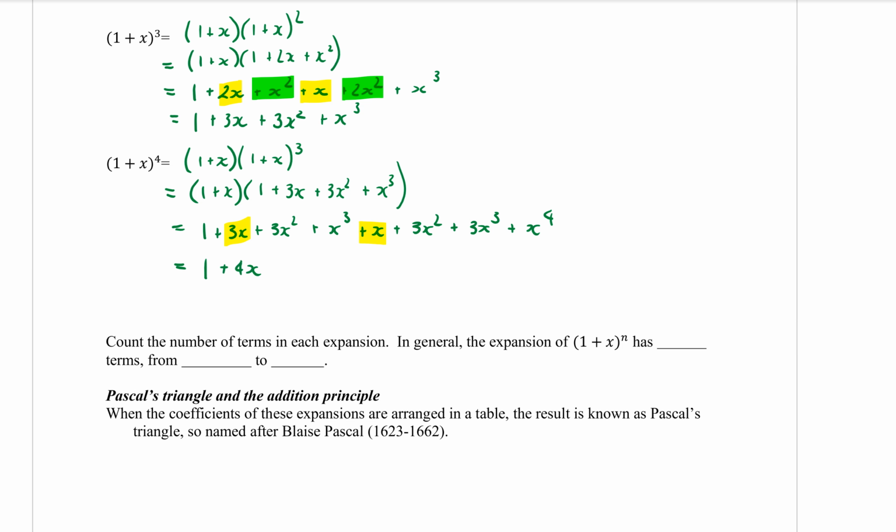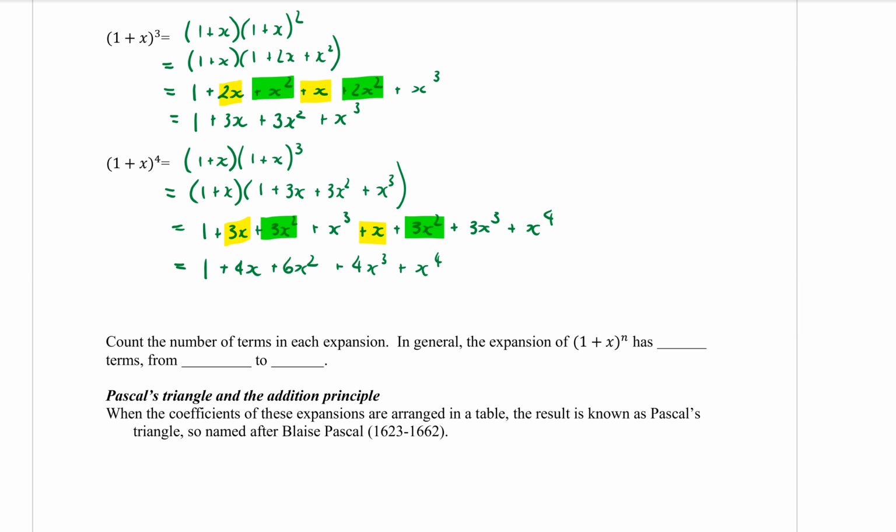Then my x squareds will be 3x squared plus another 3x squared, which makes 6x squared. Then the x cubes, I have 1 plus 3 more makes 4x cubed, and an x to the power of 4 on the end.